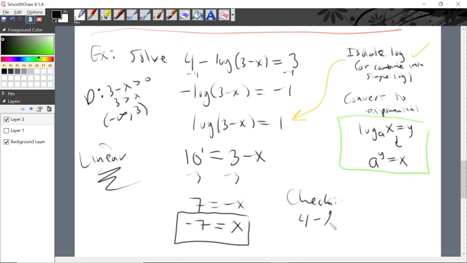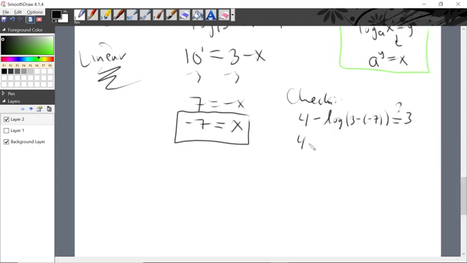So this would be 4 minus the log of 3 minus negative 7. Is that going to equal 3? So this evaluates as 4 minus the log of 10. Does that equal 3? And what's the log of 10? The log of 10 is what exponent you would choose so that if you raise the base of 10 to that exponent, the output would be 10.